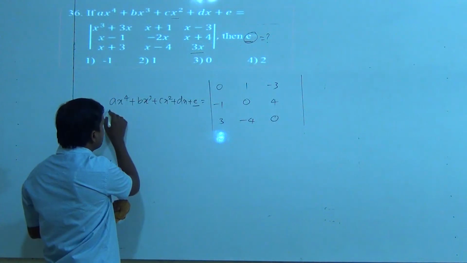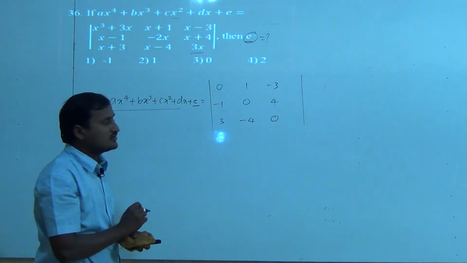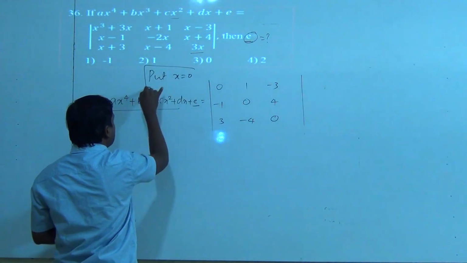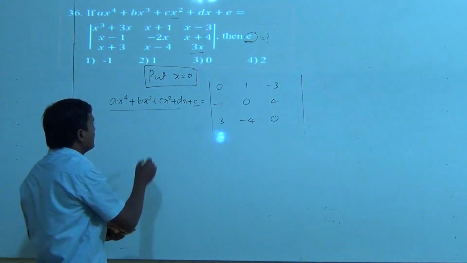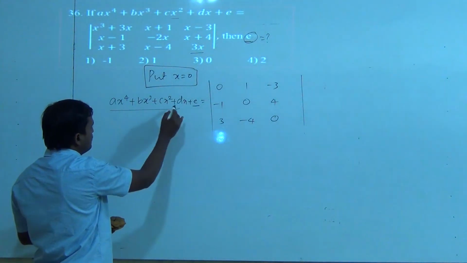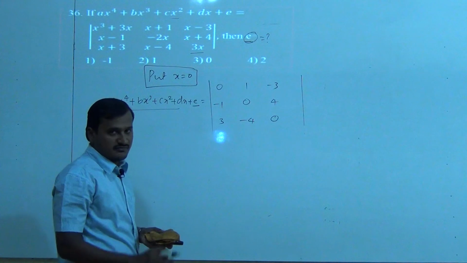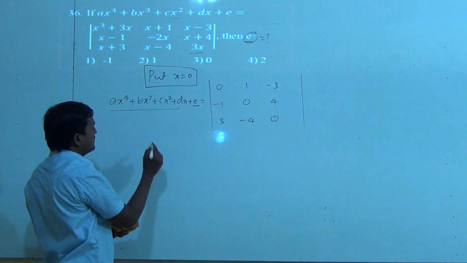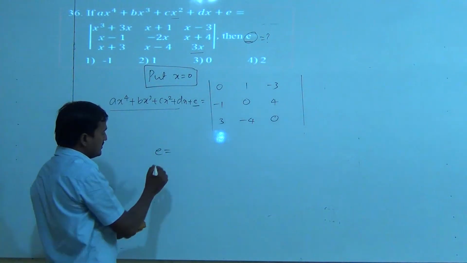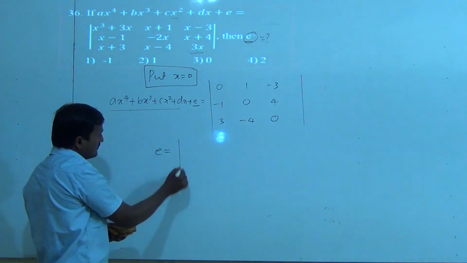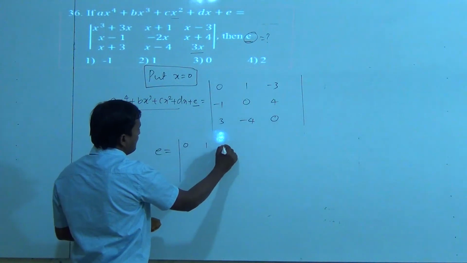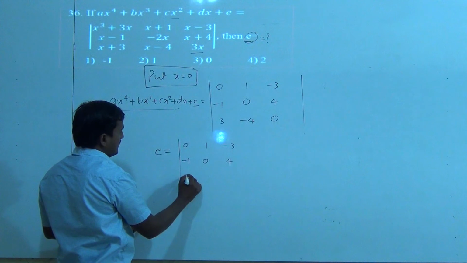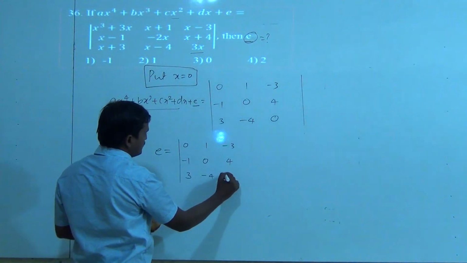Here also you have to substitute x equal to 0 to get the constant term, so all these terms become 0. Here I got e. Therefore the determinant is 0, 1, minus 3, minus 1, 0, 4, and 3, minus 4, 0.